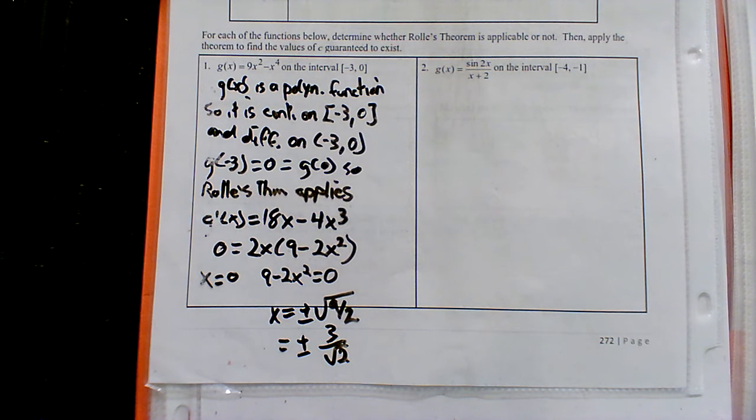Now think back about the interval. The interval is from -3 to 0. So which one of these is the c value where we can guarantee the derivative is 0? Let's look at it one at a time. Can we guarantee that 0 is that value where the derivative is equal to 0?